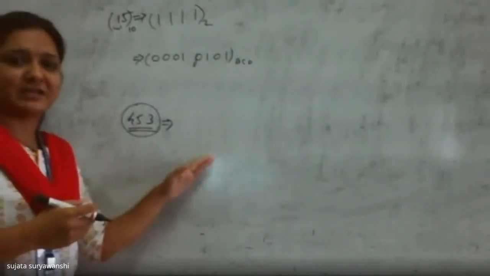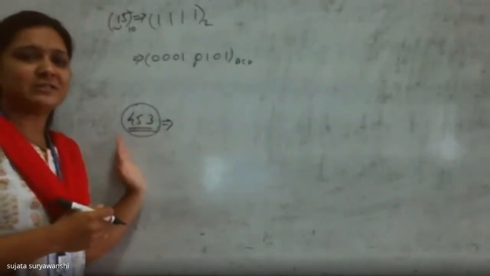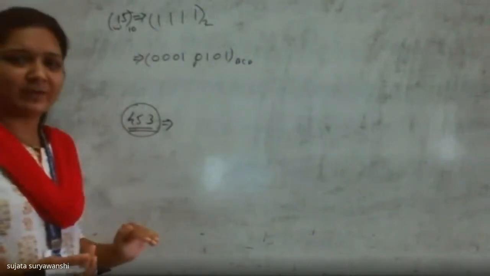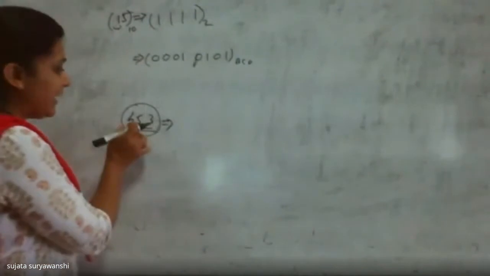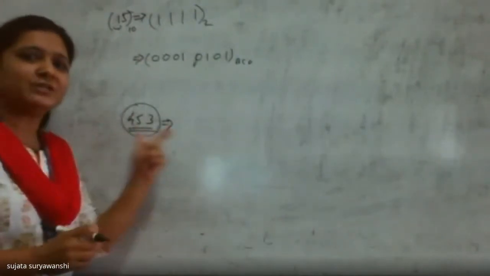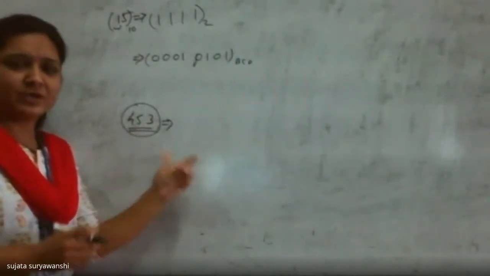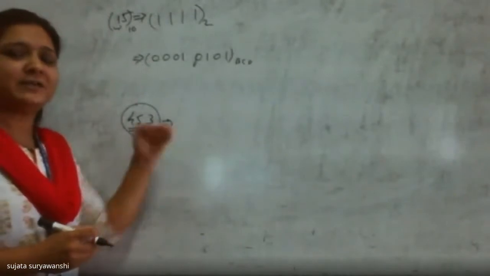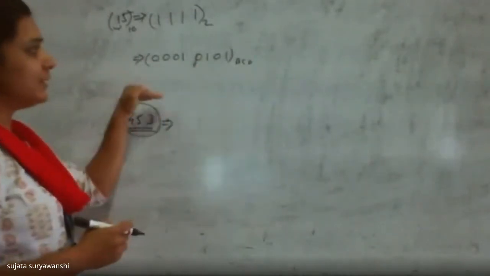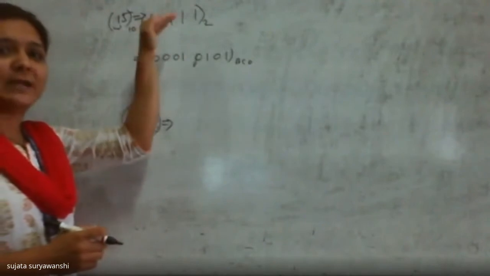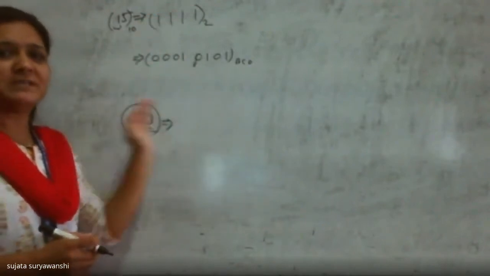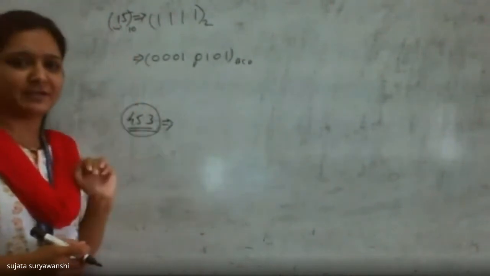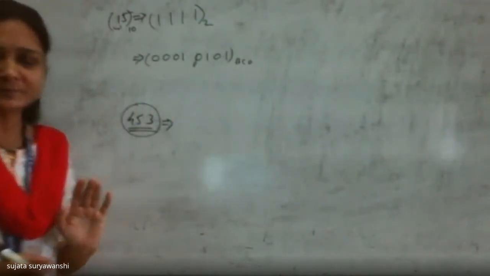But to write the same number in BCD format, you don't need this procedure. You simply write 4-bit binary for each decimal digit. That's it. This is the advantage of BCD over binary, and the disadvantage is that a large number of bits are required to represent any BCD number as compared to binary. Understood?